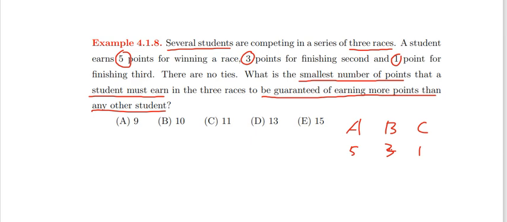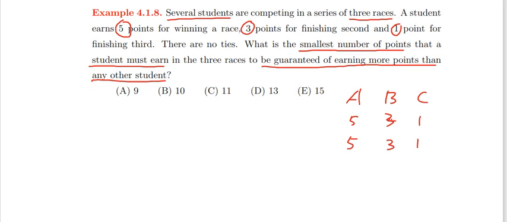And suppose first race, second race, A also 5 3 1. Then in this case, if A can be guaranteed to win, let's say 1 5 3. Like this way is okay, 11 points.